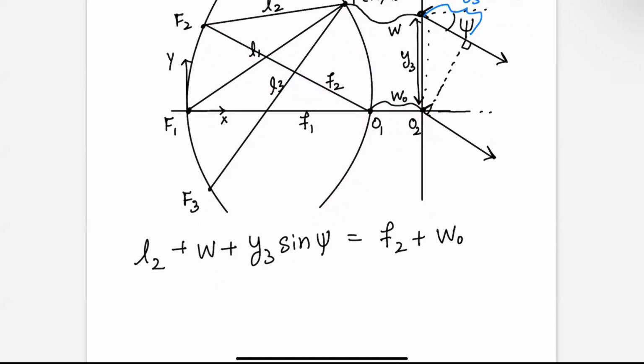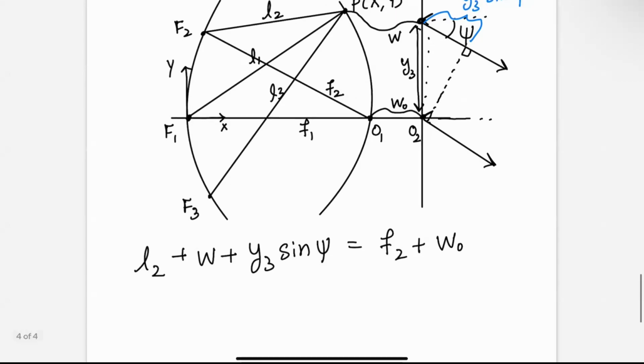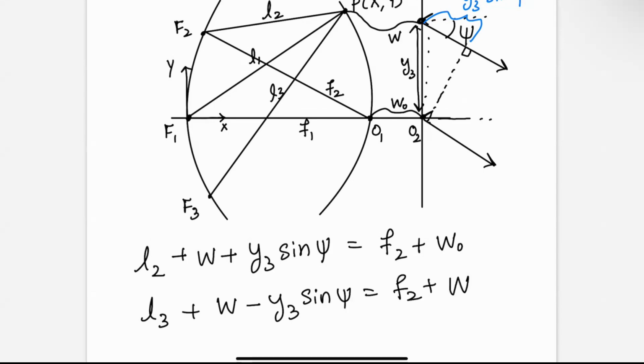And then, of course, you can write a similar equation for F3. So if I excite at F3, then I want L3 plus W minus Y3 sine psi is equal to F2 plus W naught.